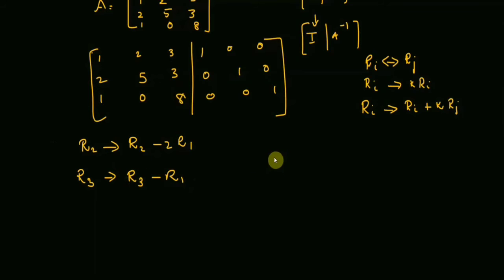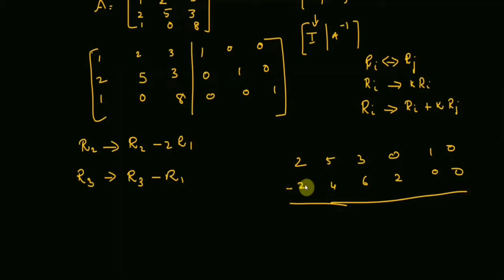So R2 is 2, 5, 3, 0, 1, 0. 2 times R1 is 2, 4, 6, 2, 0, 0. Now subtract. So you will get 0 here, 1, minus 3, minus 2, 1 and 0.